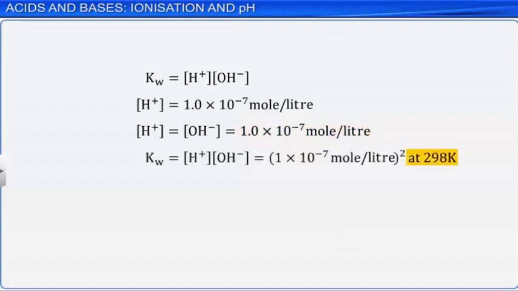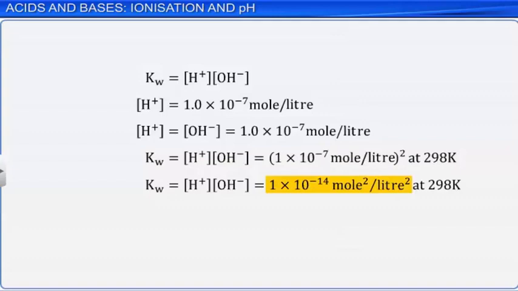Thus, at 298 Kelvin, the ionic product of water, which is equal to the product of the concentrations of H+ and OH- ions, is equal to 1 multiplied by 10 to the power of minus 7 raised to the power of 2 moles per liter.